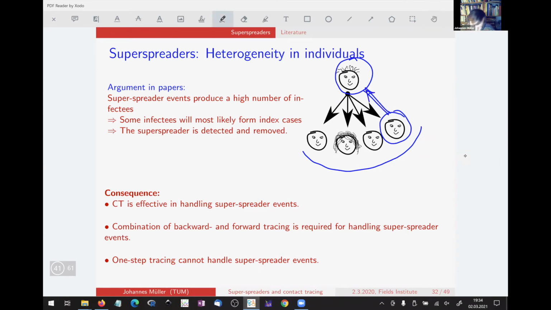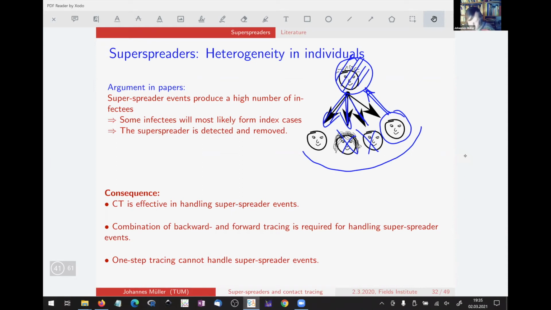This guy would trigger a backward tracing event, which identifies Maxi as a super spreader, and then we are likely to remove a lot of the other infectees. So this idea would indicate that contact tracing is even more efficient in super spreading events than in normal contacts.